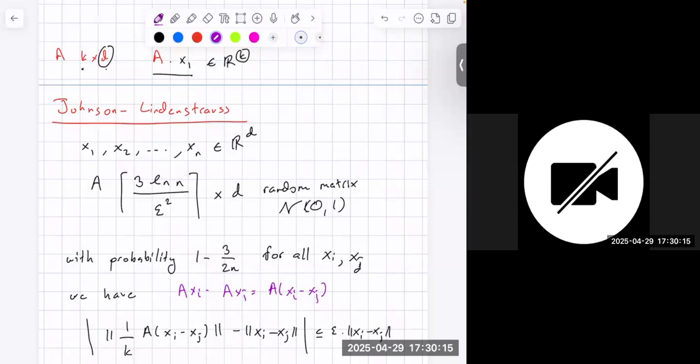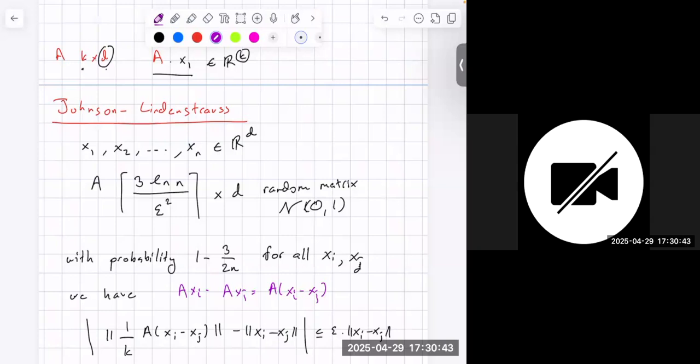So you create a random matrix, and you need to scale it. The loss you have, the correct distance versus what you got after projection, is at most epsilon times the distance itself. So this gives you an epsilon approximation to every single pairwise distance in your data set, in one shot. Okay, so you create this matrix, Gaussian.